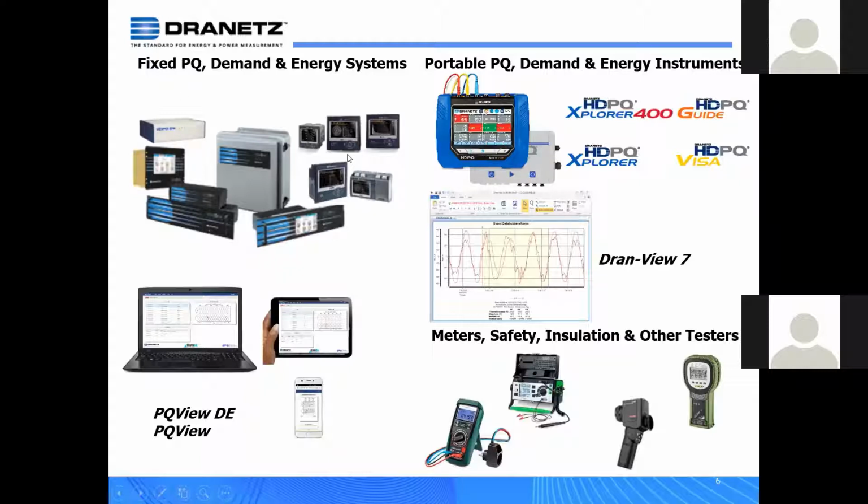Fixed systems we spoke about at our last meeting, and we have a variety of fixed system meters, from advanced power quality, demand and energy meters to kind of middle of the road capabilities, very good power quality meters, but with strong energy capabilities. And that's these meters over here, as well as energy-only meters. These are the new AM series meters that we introduced at last week's presentation. Each, as I mentioned before, has its accompanying software.